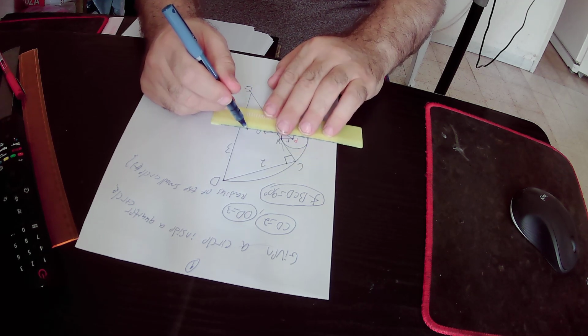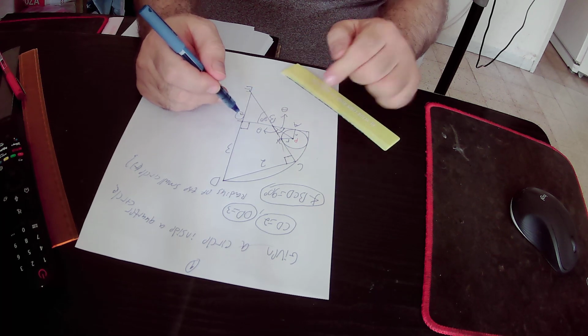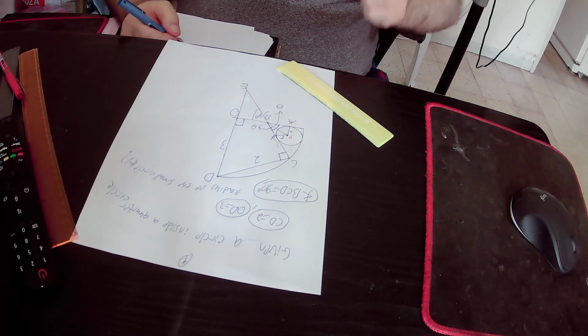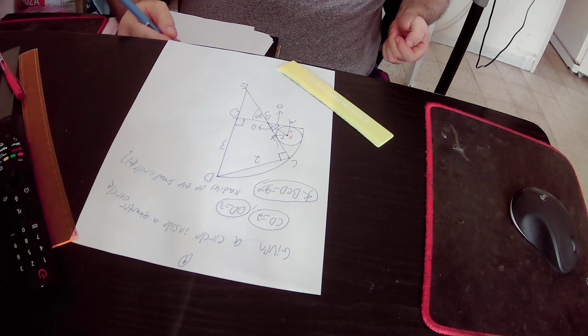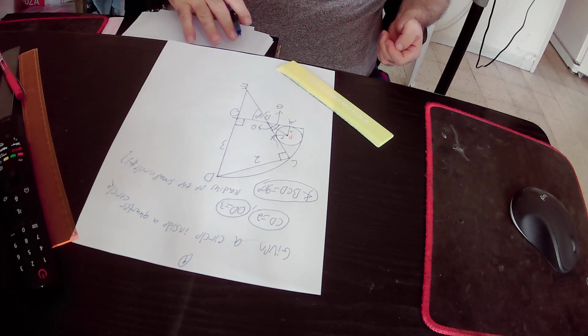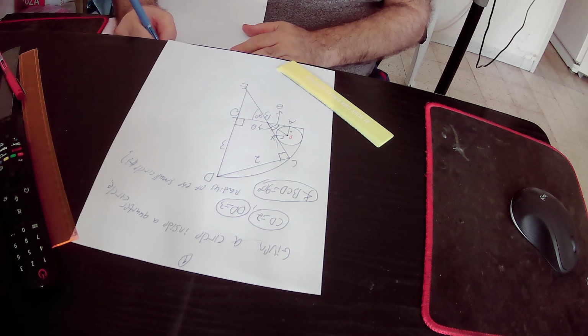Okay, so angle DOA is equal to 90 degrees, and we also know that ED is a straight line.